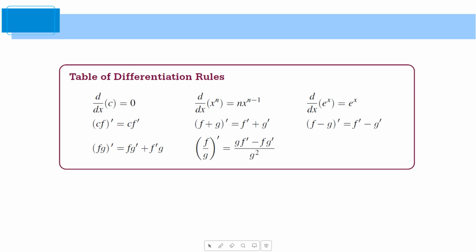Then we got the sums, then the difference, then the product rule, then the quotient rule. There's one more we're missing, which is going to fill in that gap right there, and that comes next week. It's called the chain rule. It's not fun.